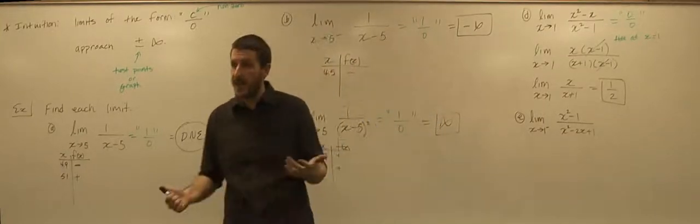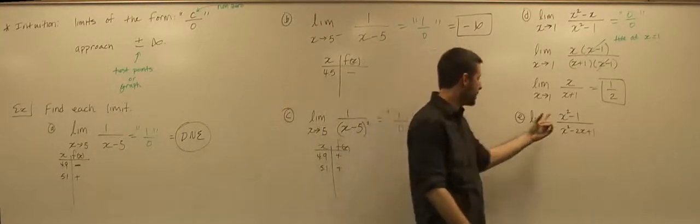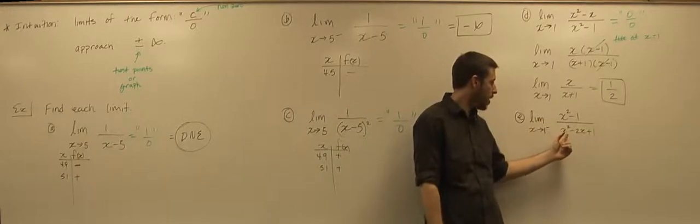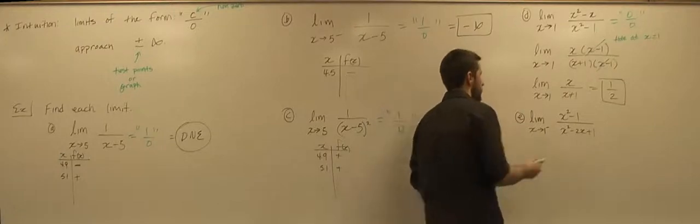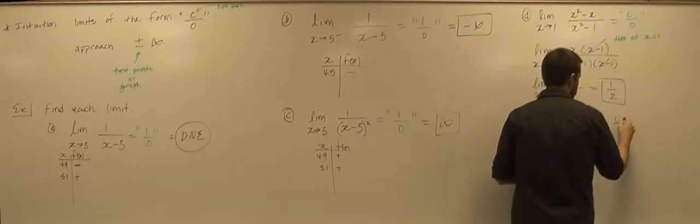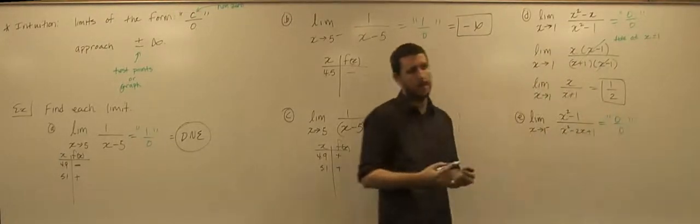If you plug 1 in, just to check and see what happens, you get 0 on top, 1 minus 2 plus 1, 0 on bottom. So it's not necessarily an infinite limit at this point, it's an indeterminate.